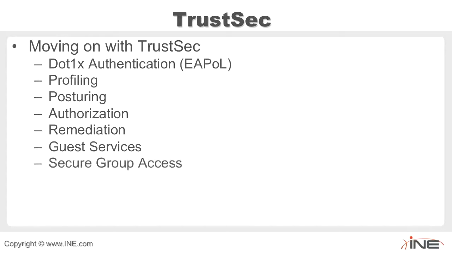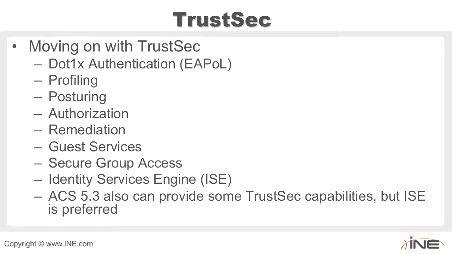And then Trustsec now includes something called secure group access. We do this primarily with the Identity Services Engine, the ICE server. We can use ACS 5.3 to provide some levels of Trustsec capability. ICE is certainly preferred, and it is certainly a much more robust and complete solution.